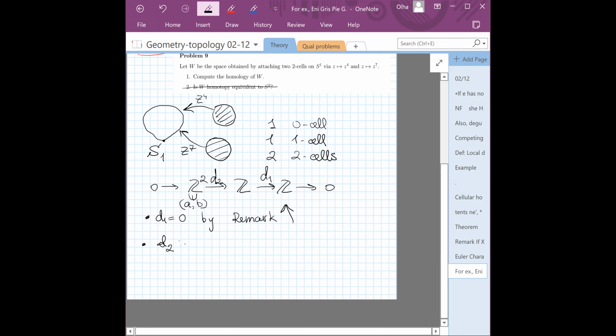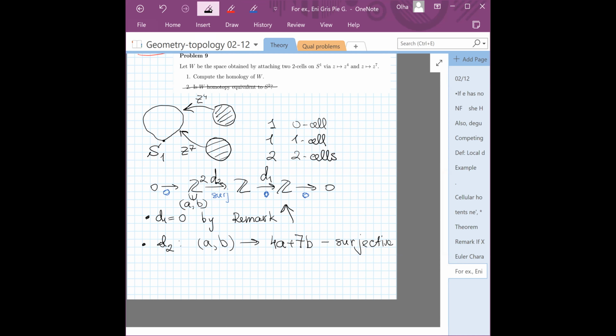So that means it sends (A, B) to 4A plus 7B. We really wouldn't even care what it is. The only thing we care about is that this is surjective. So we're going to have 0 mapping here, 0 mapping here, 0 mapping here, and a surjective mapping here.